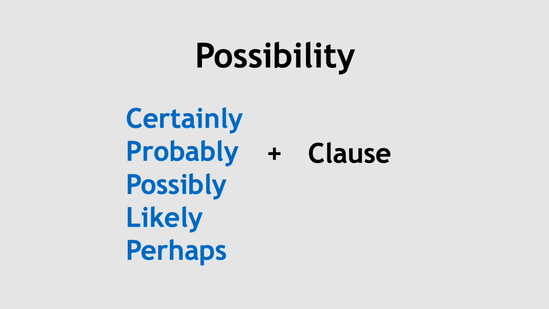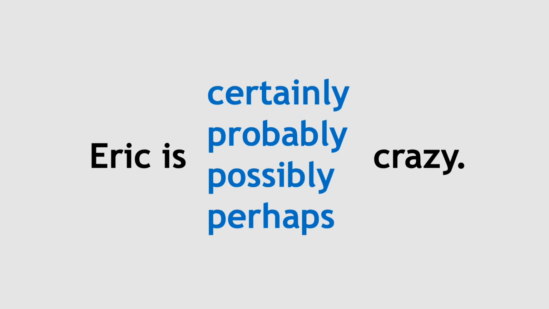Okay, so in the next example, we're going to use the example that we used for structure A. So here we go. So we can say Erik is certainly crazy, or Erik is probably crazy, possibly crazy, or perhaps crazy.